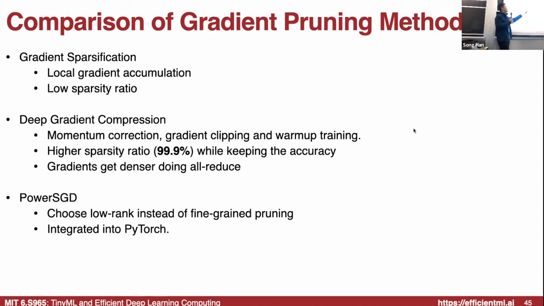Then gradient clipping and warm-up training can further help with convergence. So we can achieve a really high sparsity ratio, like 99.9%, without losing accuracy. But the problem is that the gradient will get denser during our reduce, which can be solved by PowerSGD using a low rank approximation to reduce the gradient size, which has actually been integrated into PyTorch.